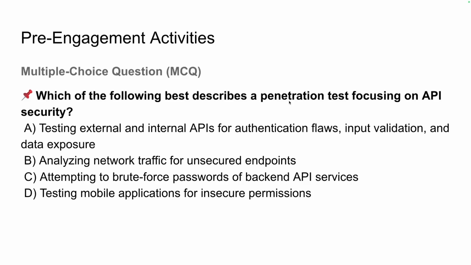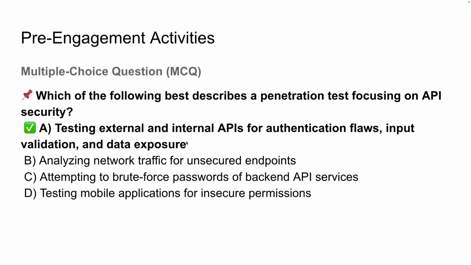So best describing a pen test focusing on API security, I want to say it's A. So here's the other thing, right? If you have to convince yourself of an answer, it's most likely not that answer. Whatever the most obvious answer is that stands out to you would be the answer. And in my humble opinion, I want to say it's A, and it is A.